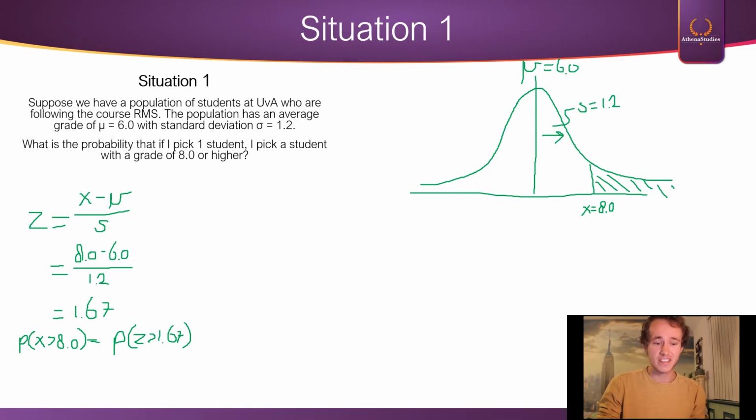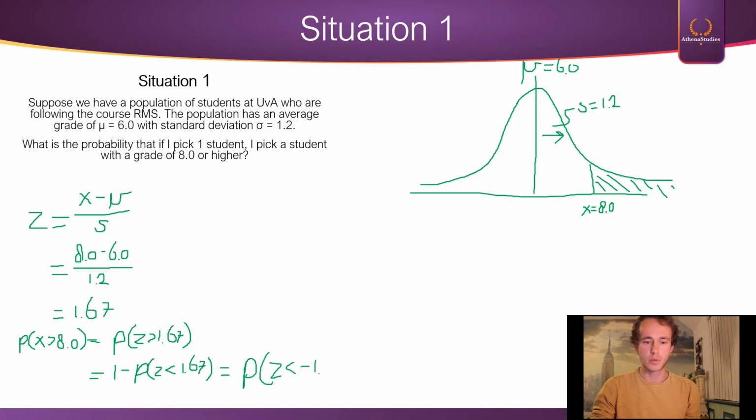We can either calculate 1 minus the probability that z is smaller than 1.67, or because of symmetry, you could also do the probability that z is smaller than minus 1.67. Those two should be exactly the same, and in fact they are.